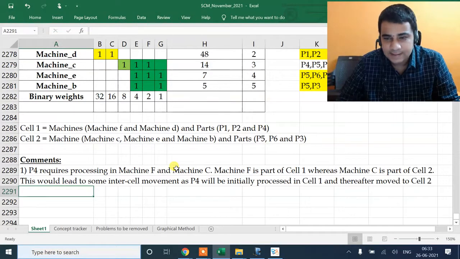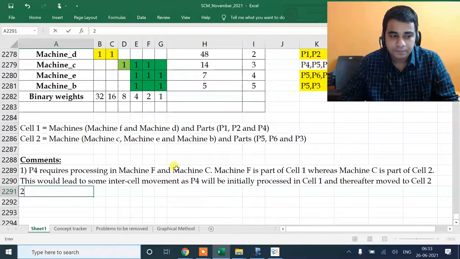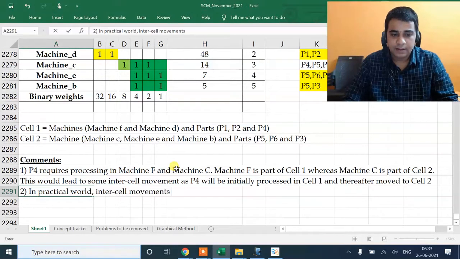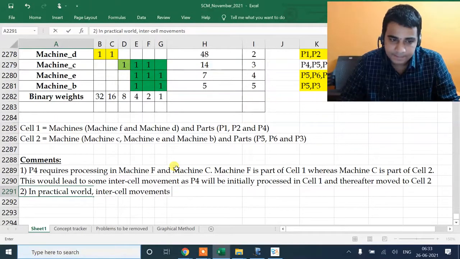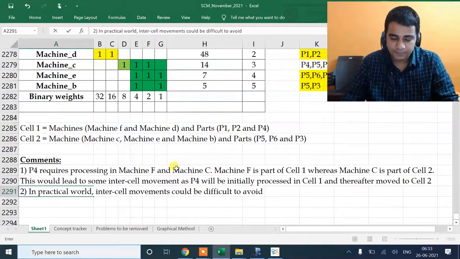This is like a wastage technically. I would like to avoid this, reduce this as low as possible. In the practical world, intercell movements could be difficult to avoid.